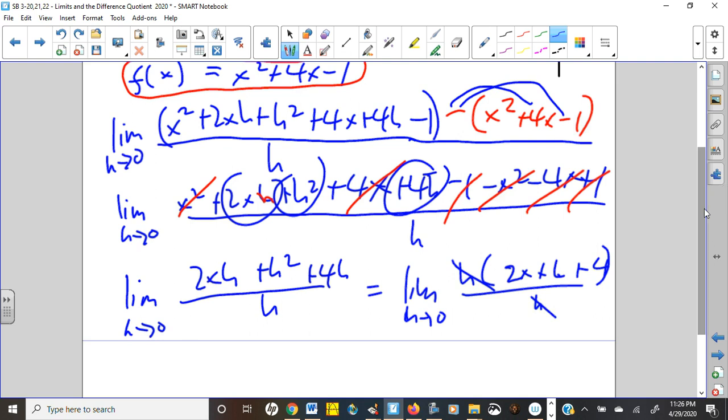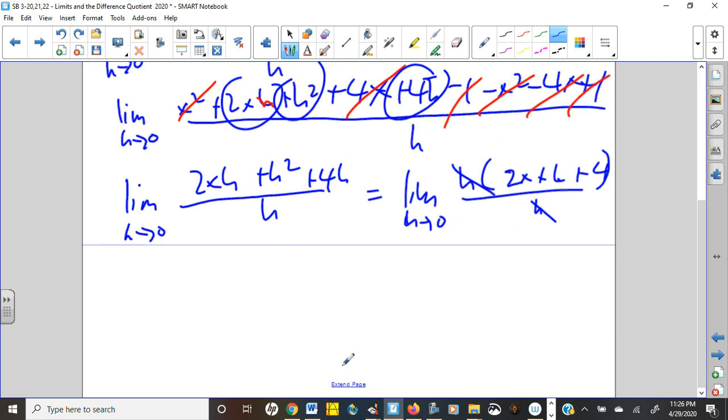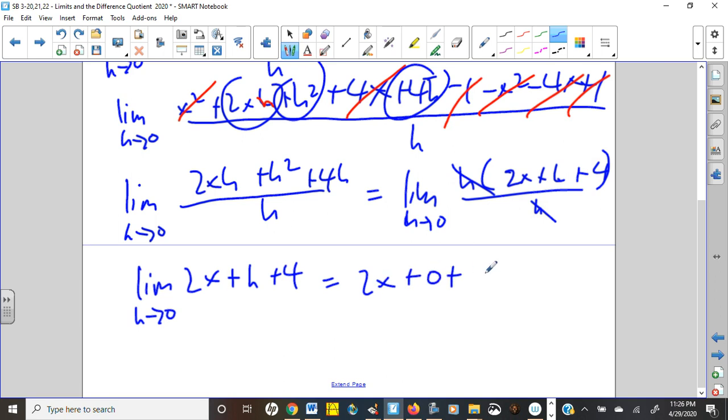Now, here's where I told you this is way, way more powerful. When I go ahead to evaluate this limit, I want you to realize I'm not going to get just a nice specific value. There's only one h left, so that's where the 4 goes. What I get is 2x plus 4.